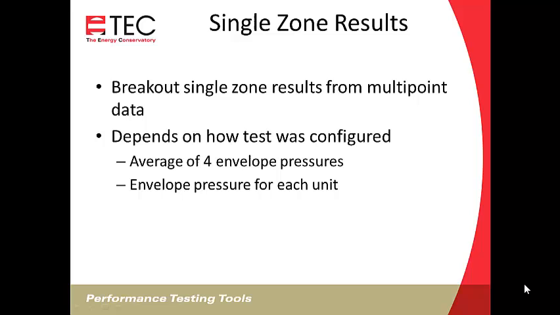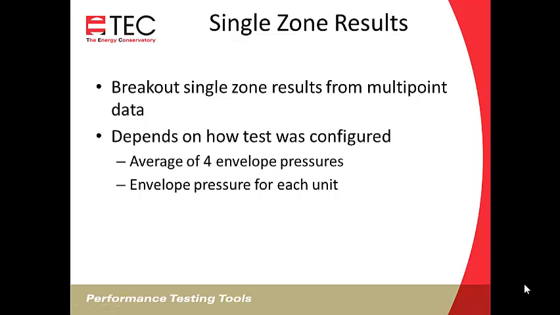And the other scenario is more like if you're testing townhome type units, or maybe you're testing army barracks or something where there's a number of zones that are connected together, and for each individual unit, let's say you've got an 8-unit townhouse, for each unit it has its own envelope pressures, and it's cruising on the pressure difference between that space and the outdoors.